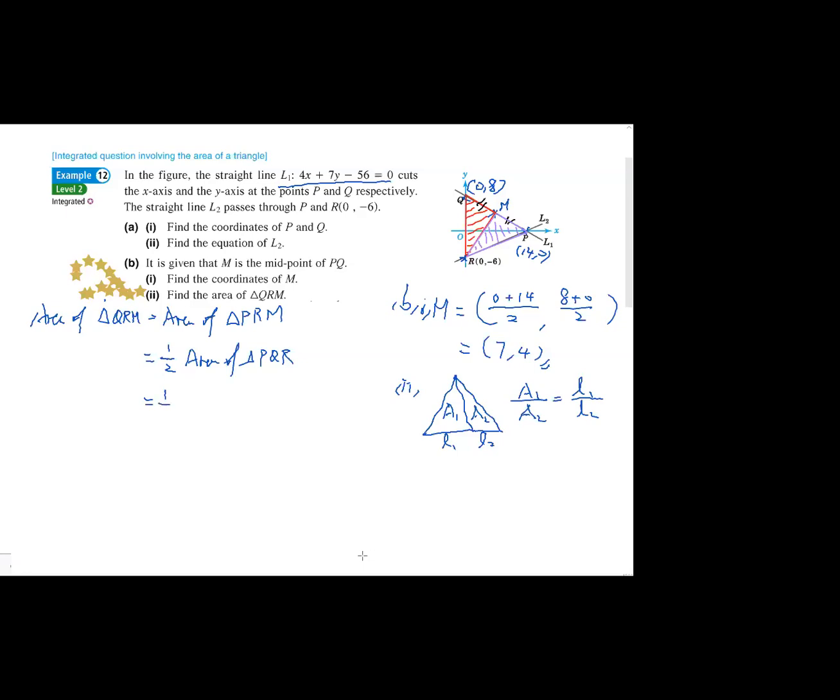So how to find the area of triangle PQR? The area of a triangle is equal to half times base times height, that is base times height divided by 2. Triangle PQR is the black triangle, and I'm going to erase the red and the purple first.